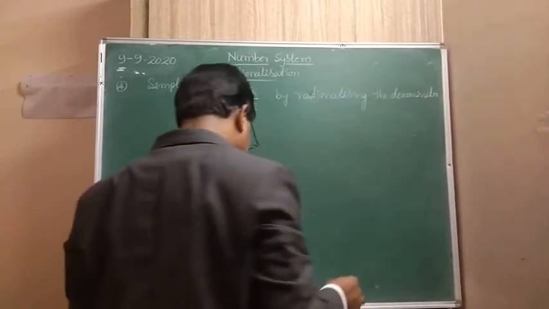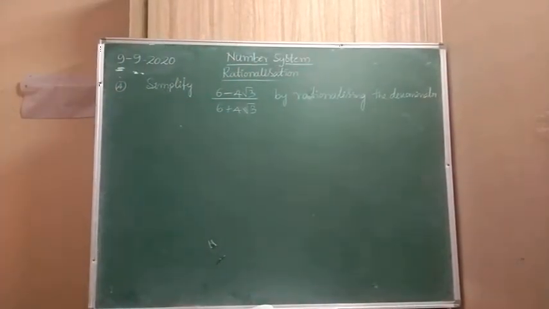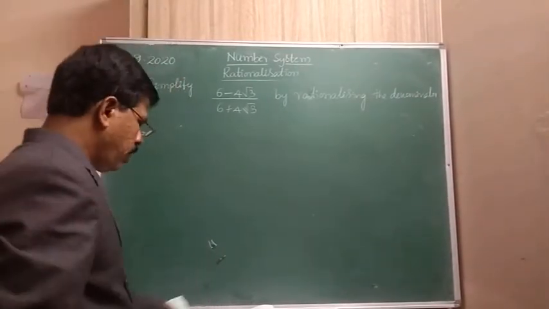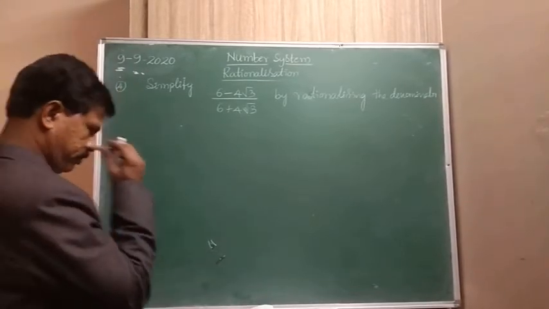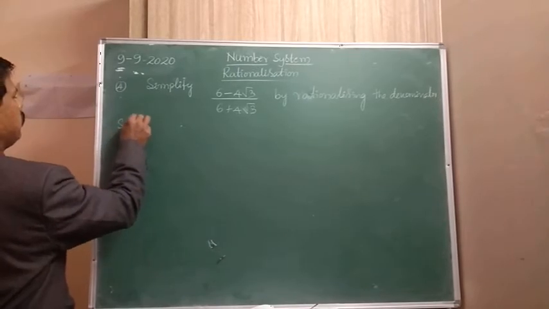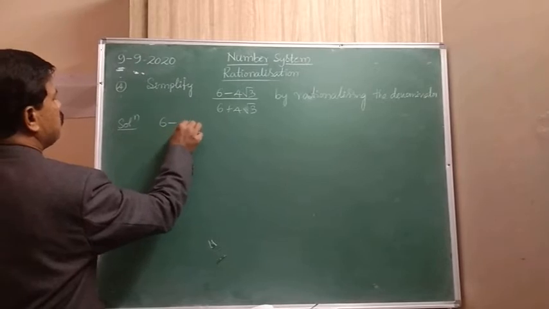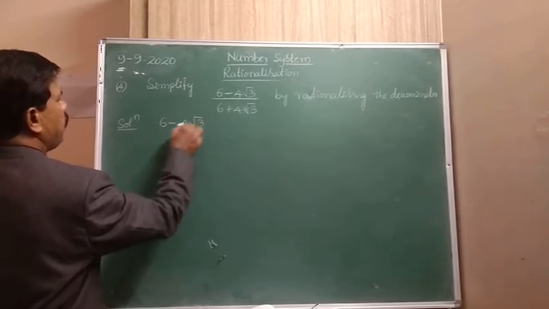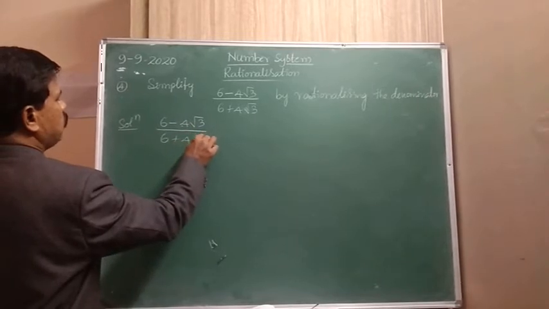So now how to do that? As usual, first write the RF of the denominator. So first, the solution: you write down (6 minus 4 root 3) by (6 plus 4 root 3).